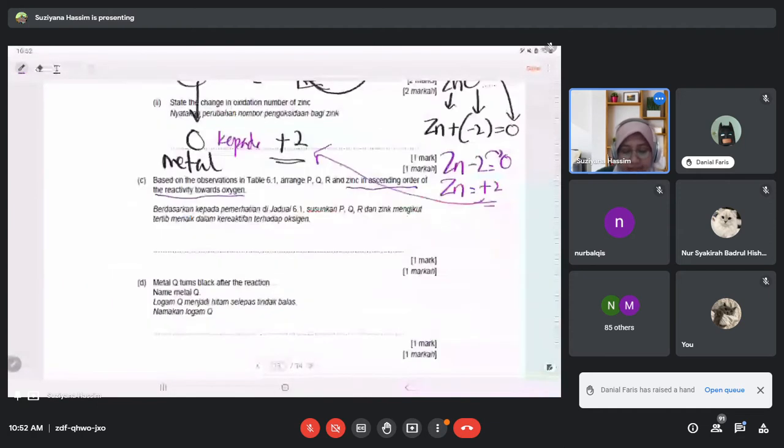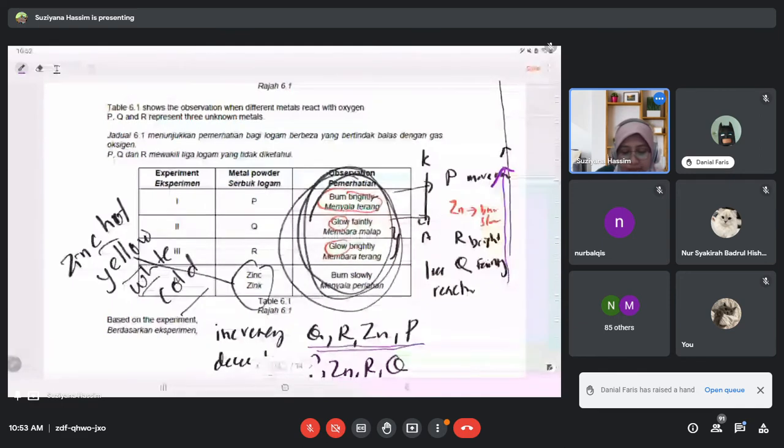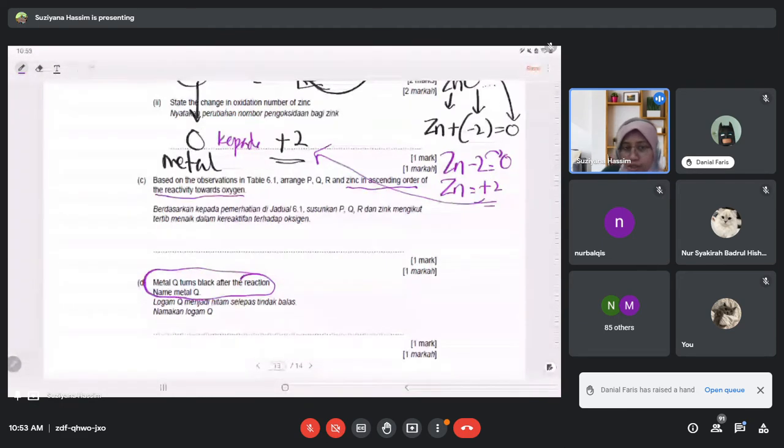Okay, next. Metal Q turns black after the reaction. Metal Q, see? Q turns black, it says. Earlier teacher mentioned the salts first. The popular ones are zinc, lead, Cu. Right? So, for this one, name it.